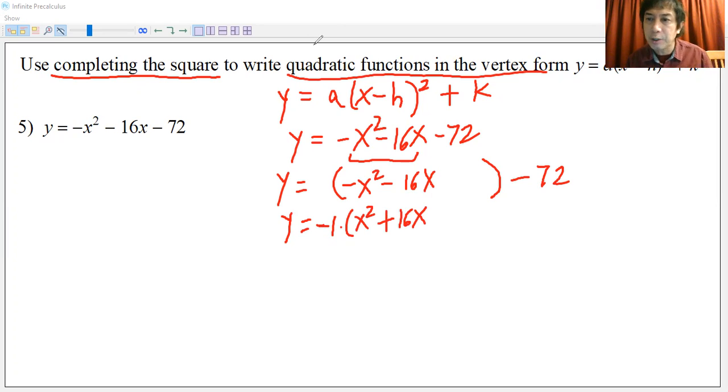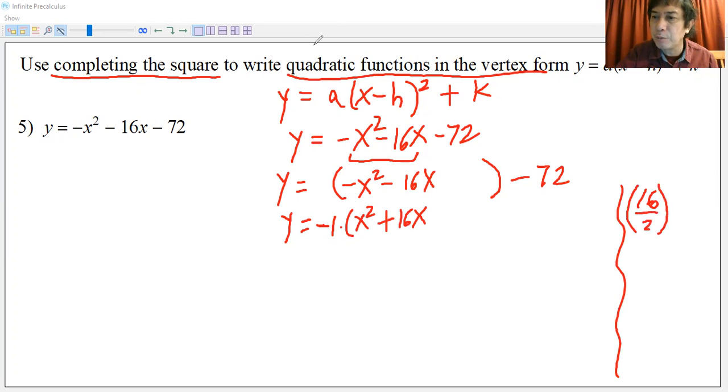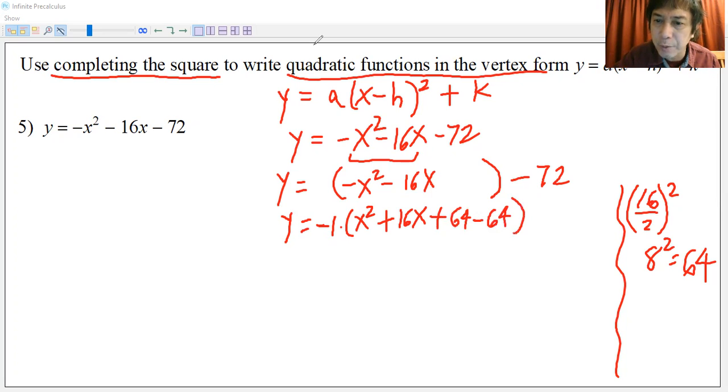And so we shall use the 16. We divide the 16 by 2. And after dividing it by 2, we're going to square it. So 16 over 2 is 8. 8 squared is 64. There. So we're going to use the 64 to be added and subtracted. So plus 64 minus 64, close parenthesis, minus 72.